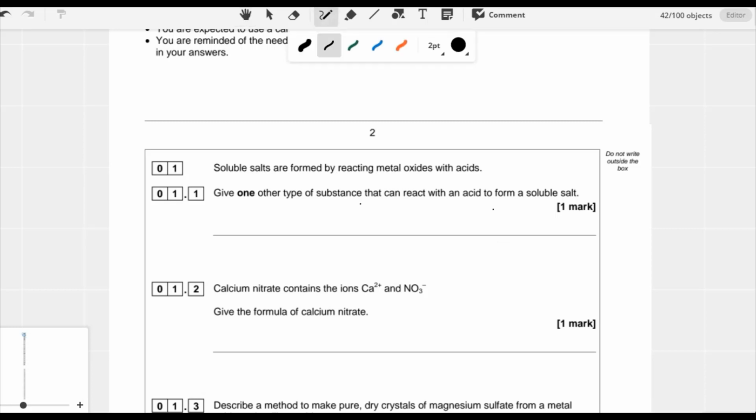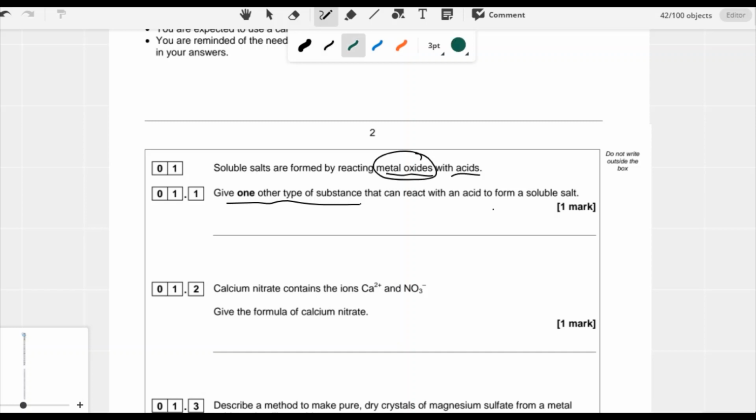So here, the first hint that is given is that soluble salts are formed by reacting metal oxide with acid. But the question is, give one other type of substance. Instead of metal oxide, we can use another type of substance. You know that we can use a metal, or metal hydroxide, or metal carbonate reacting with any acid to form a soluble salt.